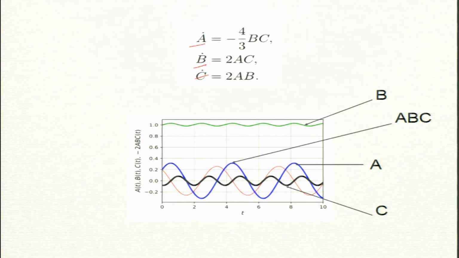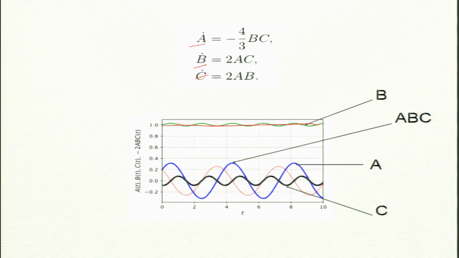One interesting point, which in fact is a physical example, this happens in convection. B is oscillating around a mean value. See, these are amplitudes. B is green, but it is oscillating because all of them are interacting.